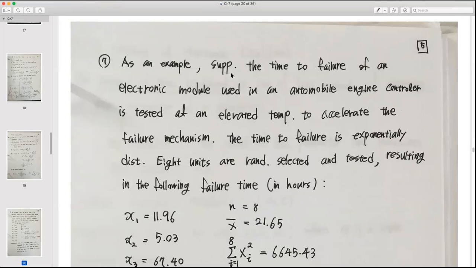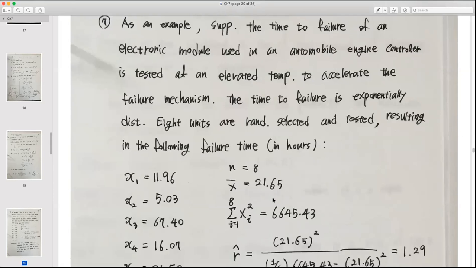Let's see, as an example, suppose the time to failure of an electronic module used in an automobile engine controller is tested at an elevated temperature to accelerate the failure mechanism. So the time to failure has an exponential distribution. Eight units are randomly selected and tested, resulting in the following failure times.